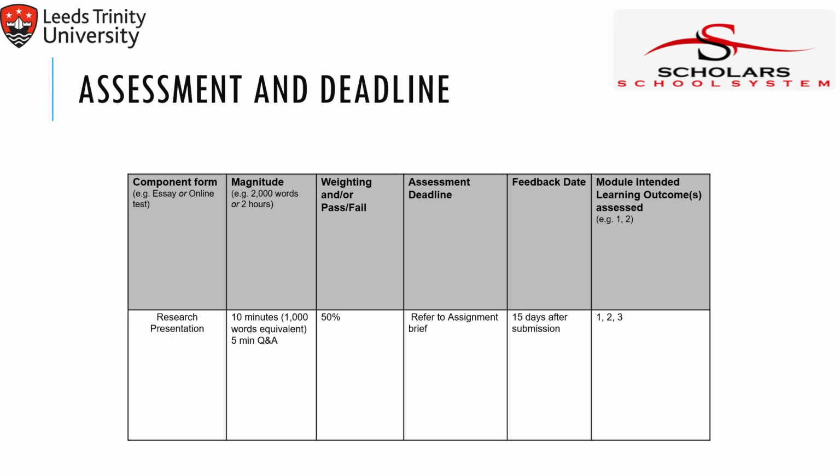It is 50% of the module, and for the deadline, please refer to your assignment brief. The module learning outcomes related to this research presentation are module learning outcomes 1, 2, and 3. About the module learning outcomes, we will have a look on the next slide. The students will get the final summative feedback 15 days after their submission.